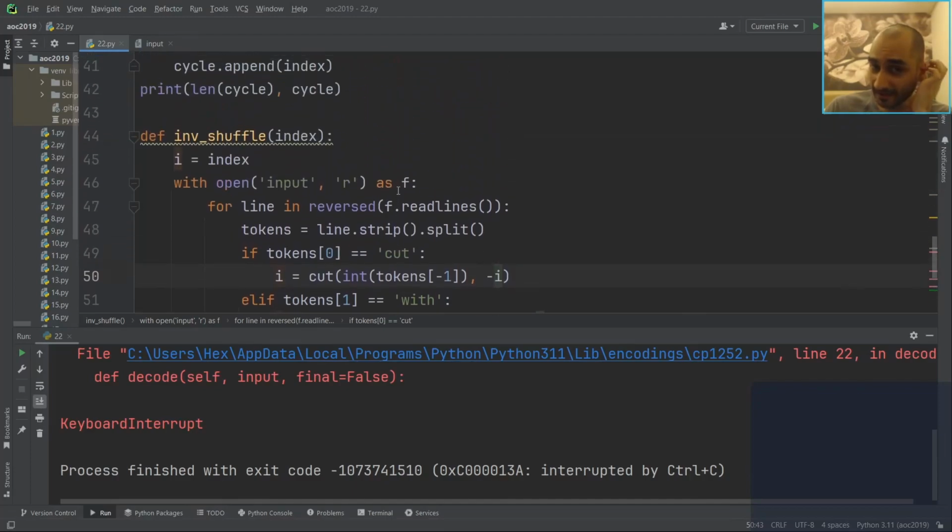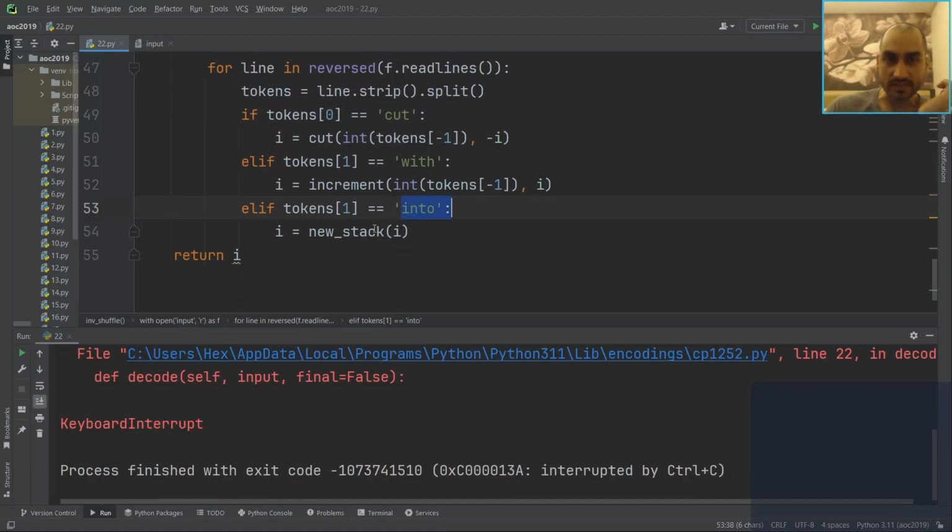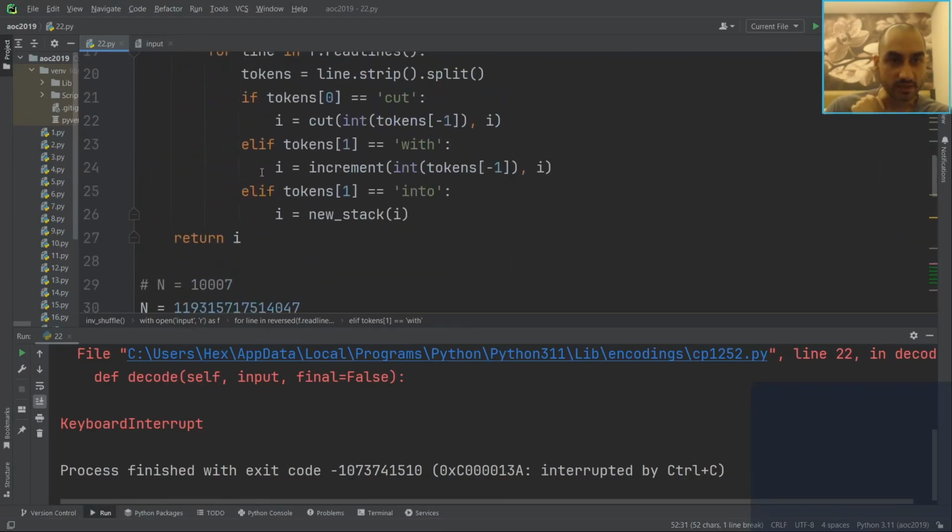Okay, so that's that. Increment. How do we invert increment? Okay, into is easy. It's the same. It's self-invertible, so we don't need to do anything for that. So for increment, what is the inverse of increment?